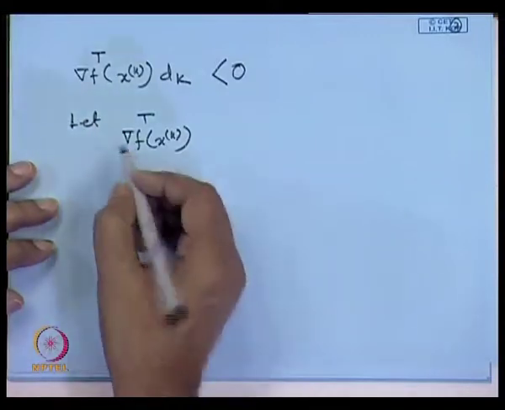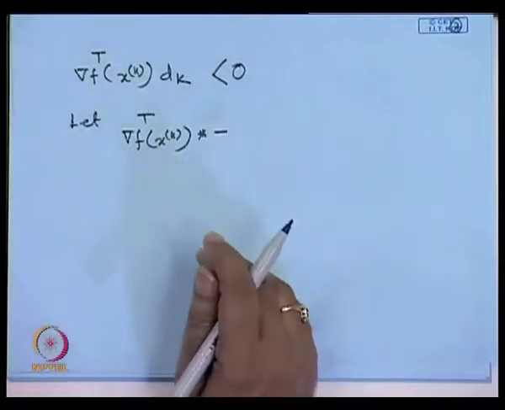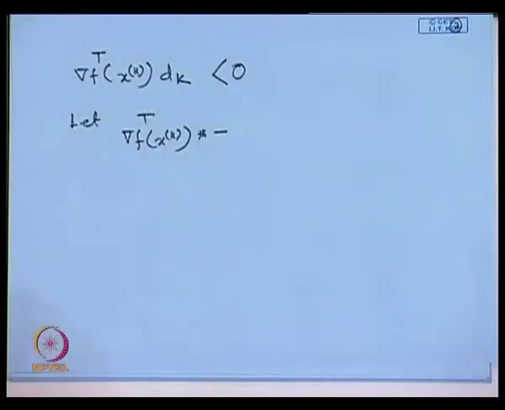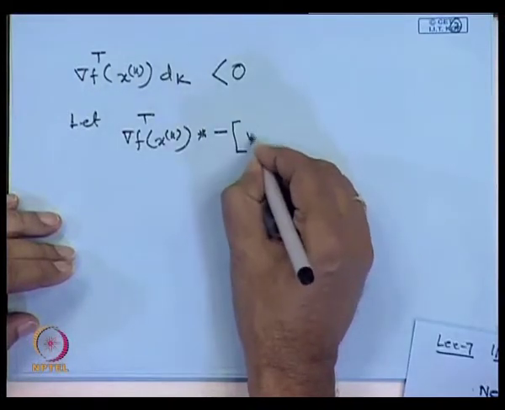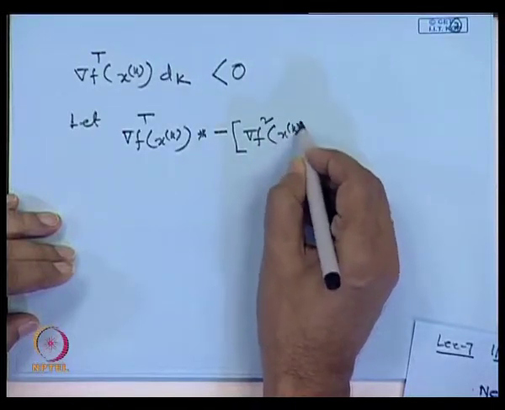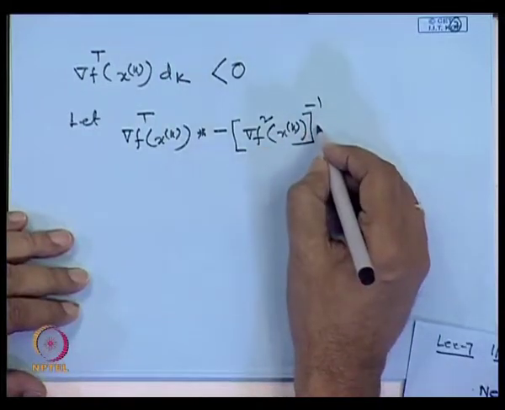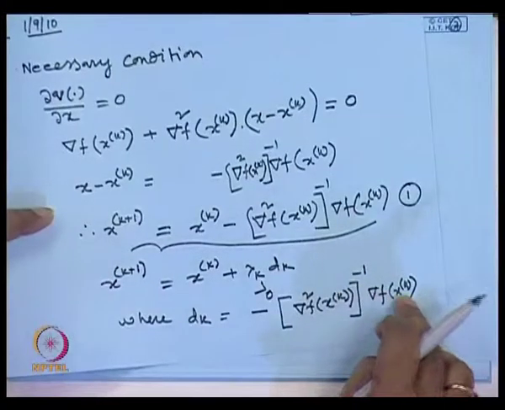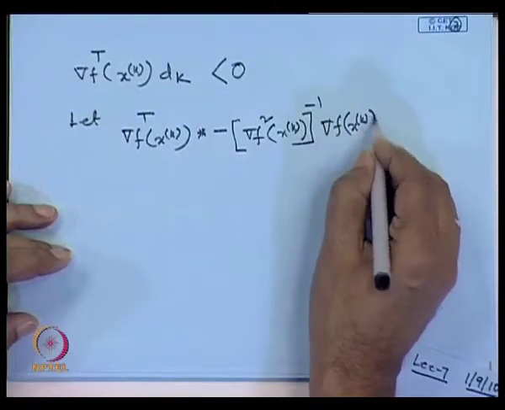So, d k is minus the Hessian matrix, the second derivative of f at x, inverse, multiplied by delta f of x superscript k.